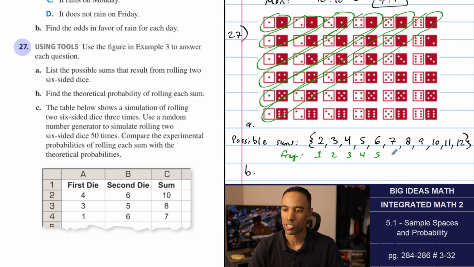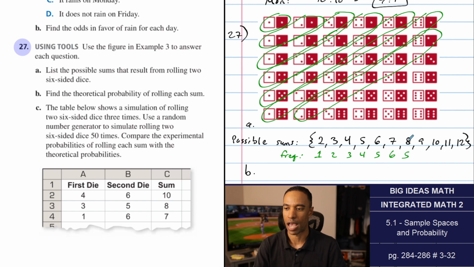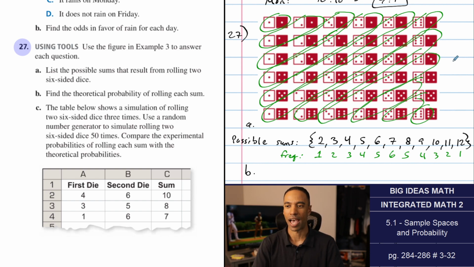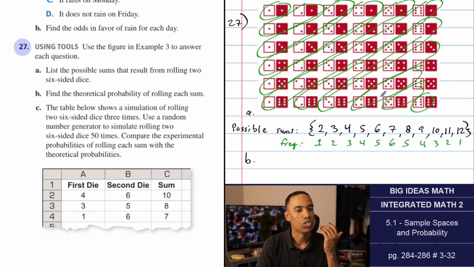So 6 different ways to get 7, and then it goes back down. For 8, there are 5 different ways again. And I think from there you can start to get the hint at what's going to happen after: 4, 3, 2, 1, 1 being the 12 by 12. And you can see where that kind of falls in line. So just through those diagonals, and that's why I like the visual, you can kind of see that frequency set.